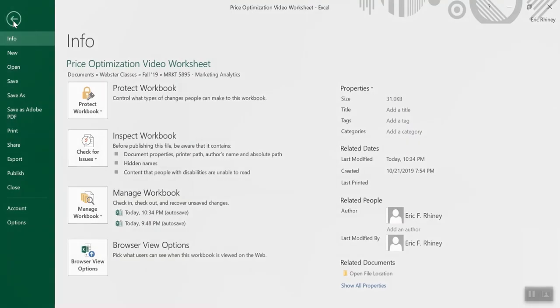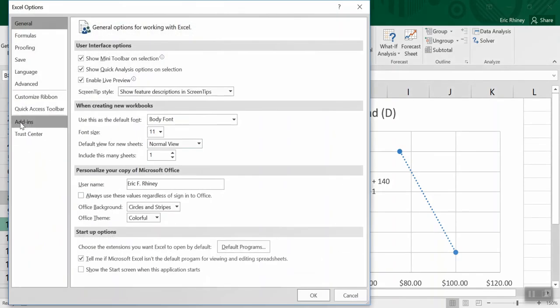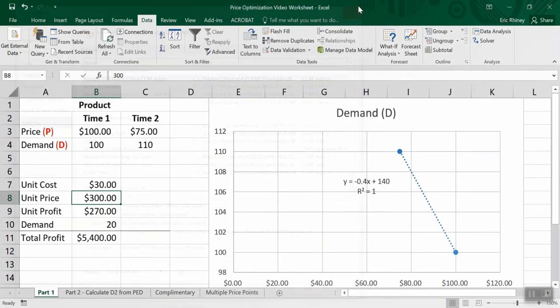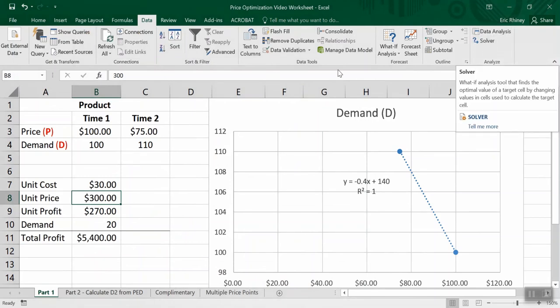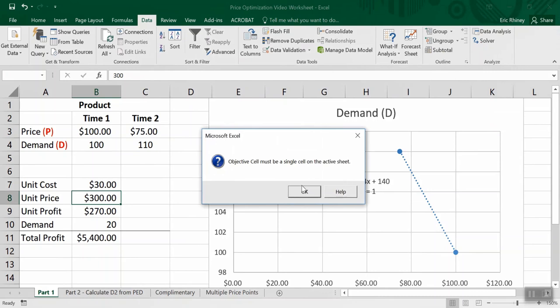Just go to File and Options, go to Add-ins, and you'll see a Solver add-in right here. You can add it. You may have to close Excel and reopen it, but you'll see Solver as one of your options under Analyze.